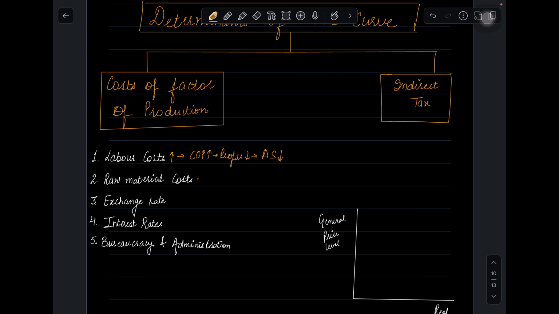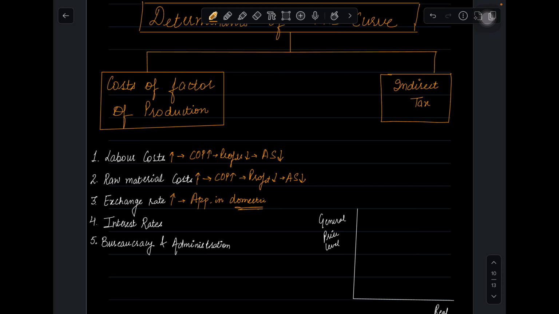Same is the case with raw material. If the raw material costs increase, cost of production will increase and profits will decrease, leading to decrease in the aggregate supply. Then we have exchange rates. If exchange rate increases, that means there is appreciation in domestic currency.